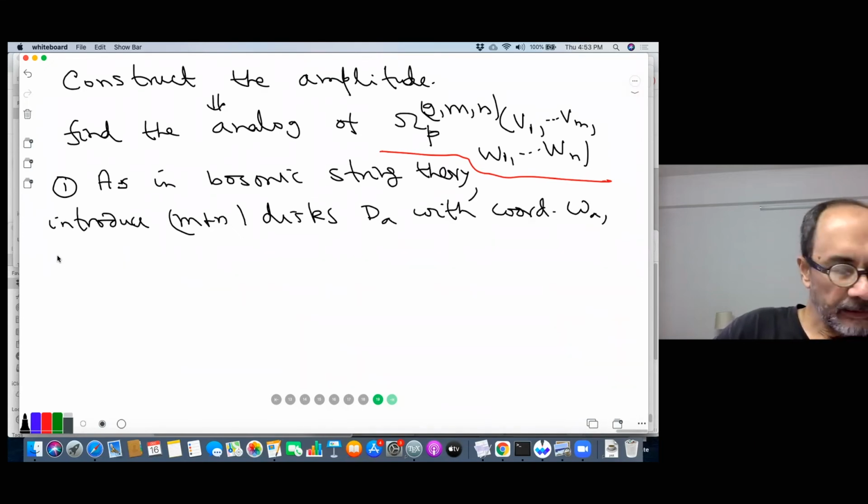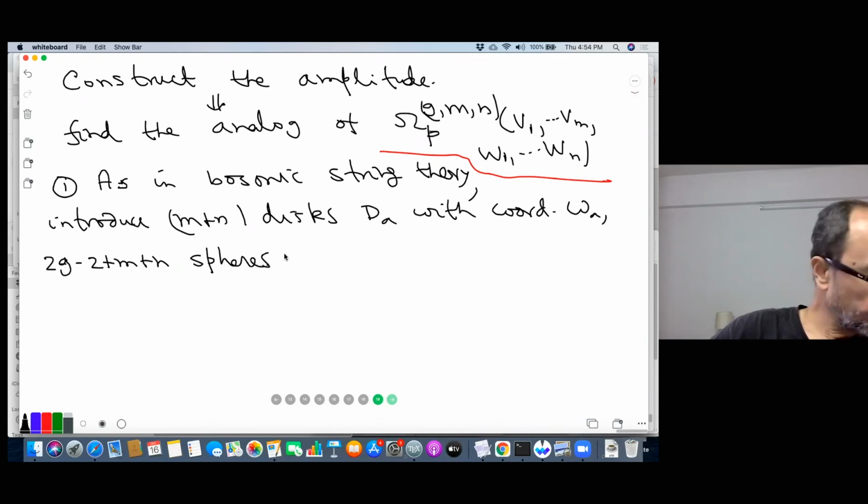Then 2g minus 2 plus m plus n spheres S_I with coordinate z_I.